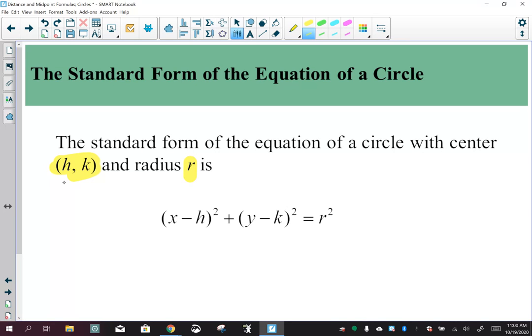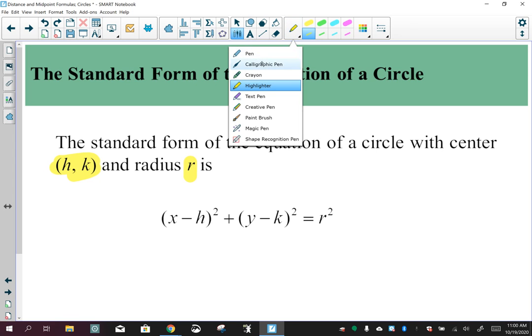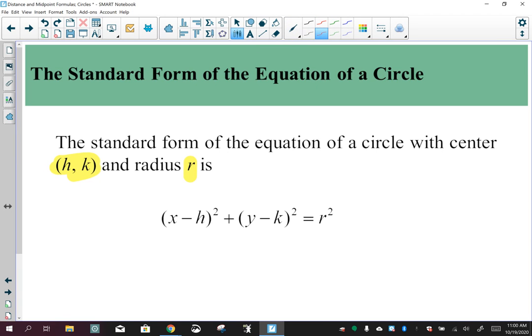So if the center that they give you is a positive number, then when you write it into the formula, it's going to be a negative number. If your point that they give you, if either one of them is negative, when you put it into the equation, that turns it positive. So basically, when you stick it into the equation, you are going to get an opposite sign.